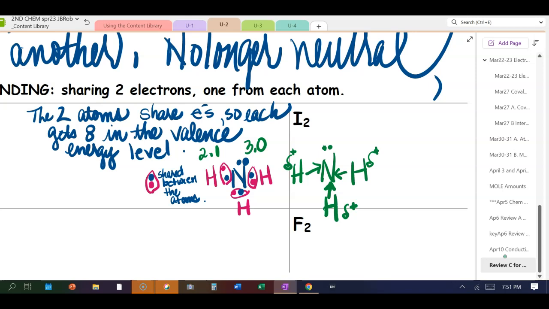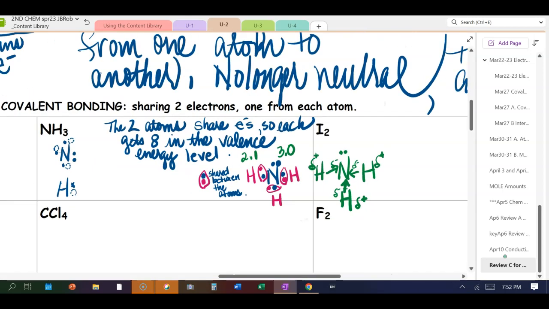It has a nucleus and an electron far away, and that's why it's slightly positive, whereas nitrogen in all these bonds is slightly negative. So nitrogen is the covalent bond hog here, pulling the electrons closer to itself. That's partial charges.